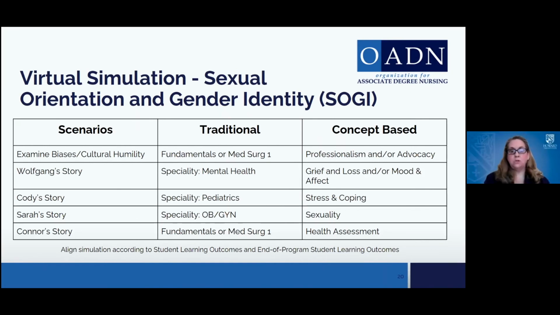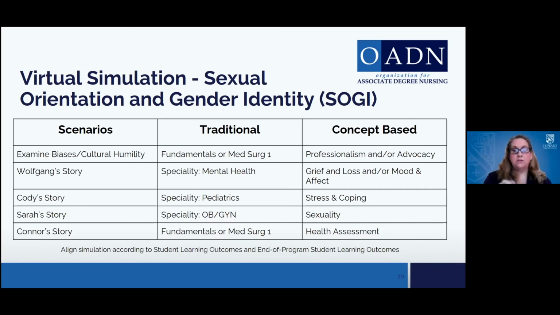align towards your student learning outcomes and your end of program student learning outcomes. And so on the left, we place the scenarios. There's also the examine biases and cultural humility, which is at the very beginning, and then the 4 patient scenarios.